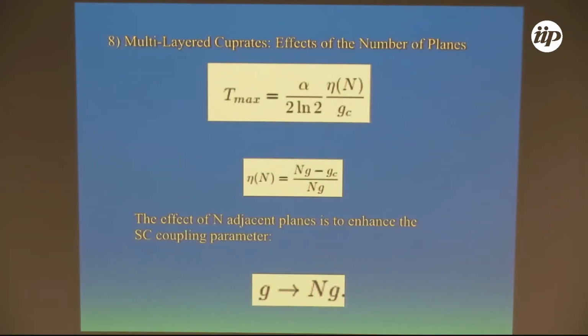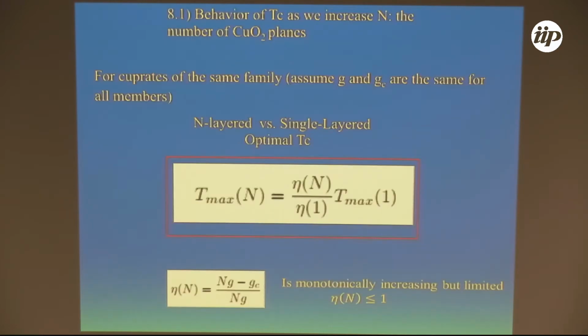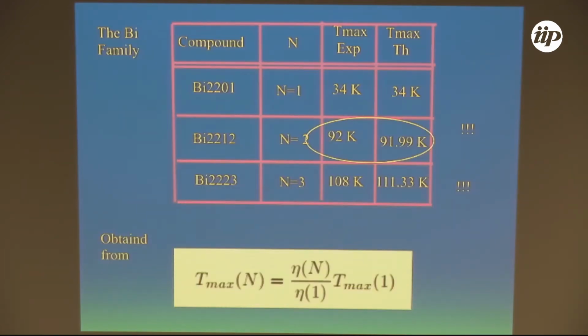Because if I assume that everything else is exactly the same, and even G and Gc for one family, then I have the T maximum for n. This is for the bismuth family.